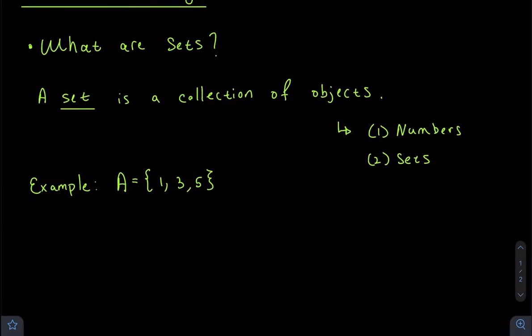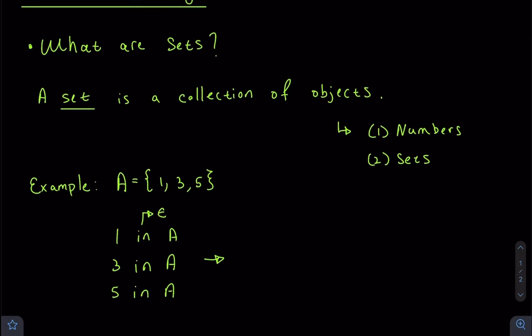And if I wanted to list out all the objects in A, how would I do it? Well, we could say that 1 is in A, 3 is in A, and 5 is in A. But also, in set theory, we have a special symbol for the word in, and that symbol looks like this.